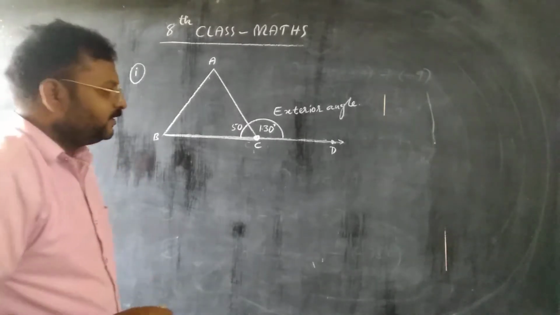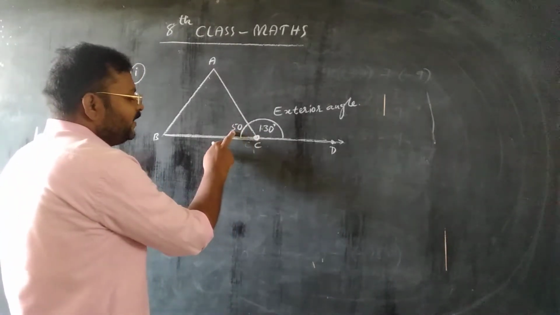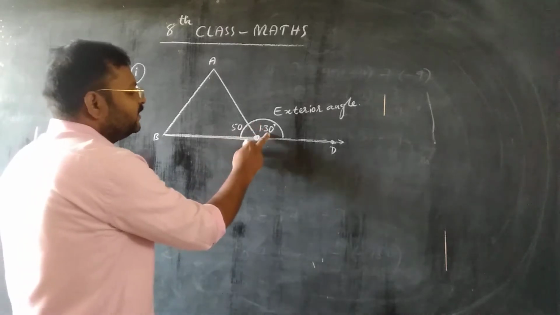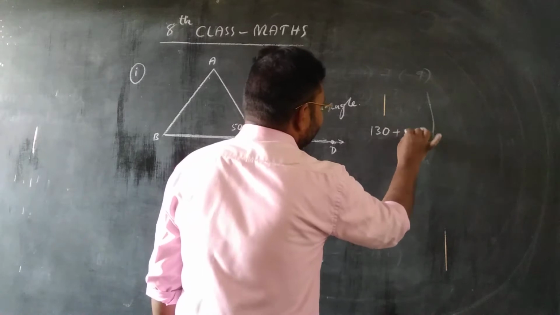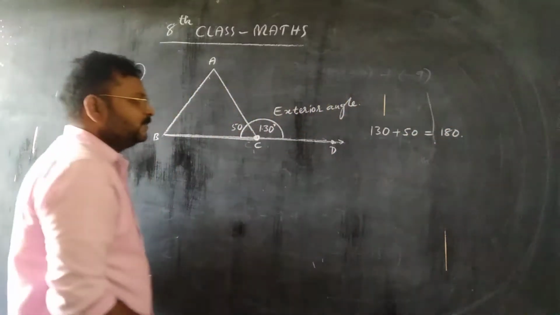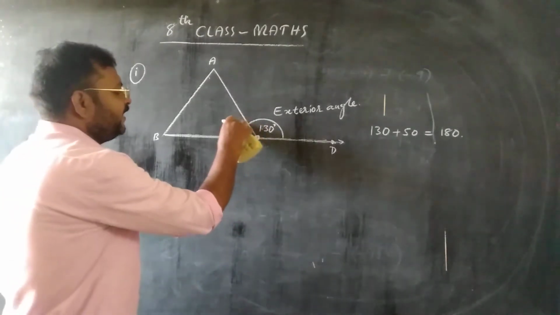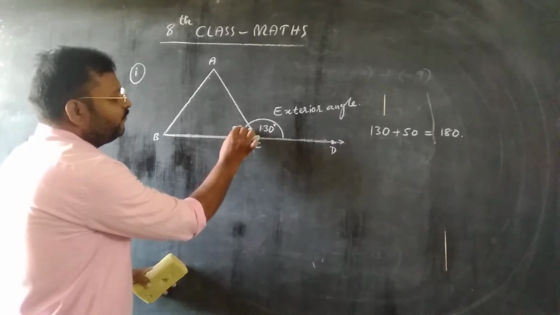So children, if one angle is 130 degrees, definitely the other will be 50 degrees. 130 plus 50 must be equal to 180 degrees. So by this reason, if I write 130 here, definitely it will be 50.